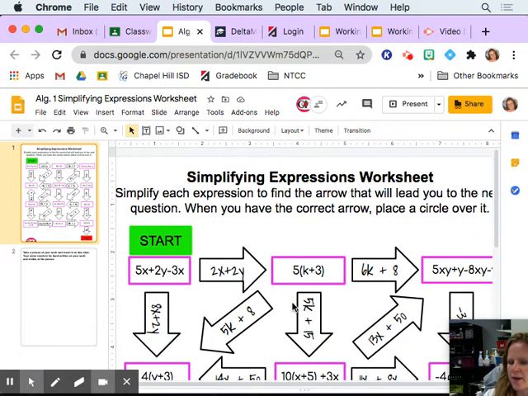So you're going to write these problems down. You can do your work in your journal. That way you don't have all these loose pieces of paper. Just work it out in your journal. So I'm going to get out my journal. And up at the top of the next page, I'm going to title it Simplifying Expressions Worksheet.